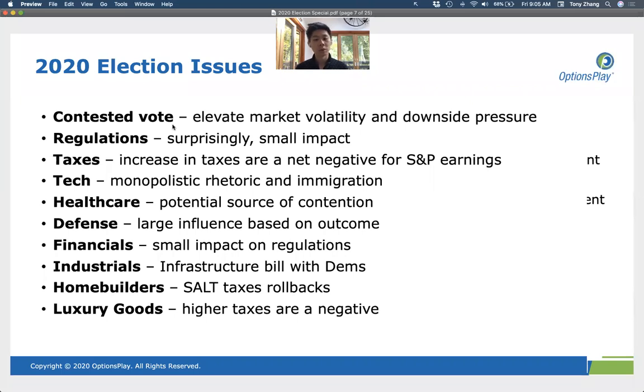So this is really where we do see some immediate potential downside pressure and elevated market volatility as a result of just simply going into the election. Everything else is something that we expect to see in the coming months or coming years after the election. But the contested vote is really what I think a lot of investors are concerned about in the short run.